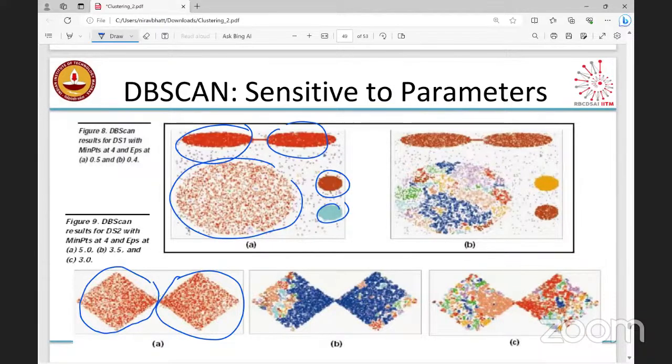It is possible that you can lead to a poor clustering also, like here you can see even worse clustering. So DBSCAN is a density-based method which helps us do the clustering well. However, it is sensitive to parameter choice. So you have to choose your parameters very carefully so that you get nice clusters.